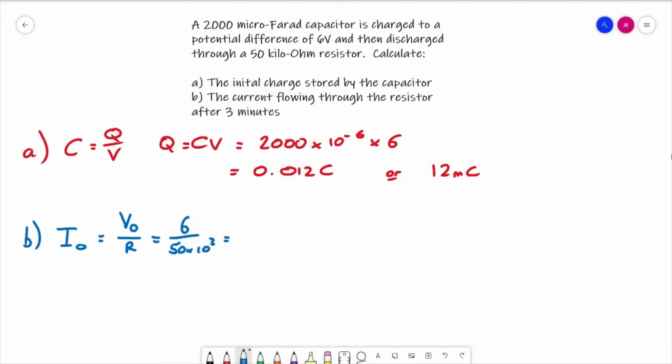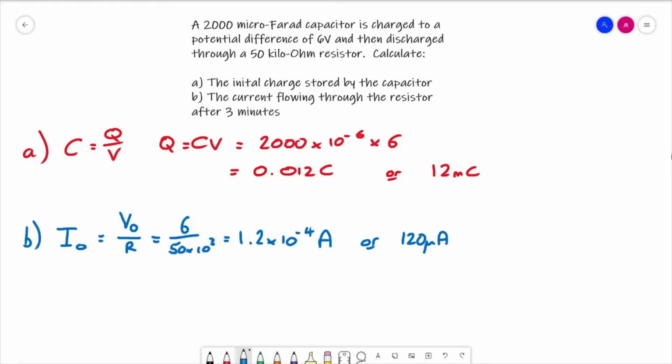And what that gives us then is 1.2 times 10 to the minus 4 amps. Or of course, we can quite happily write for that 120 microamps.